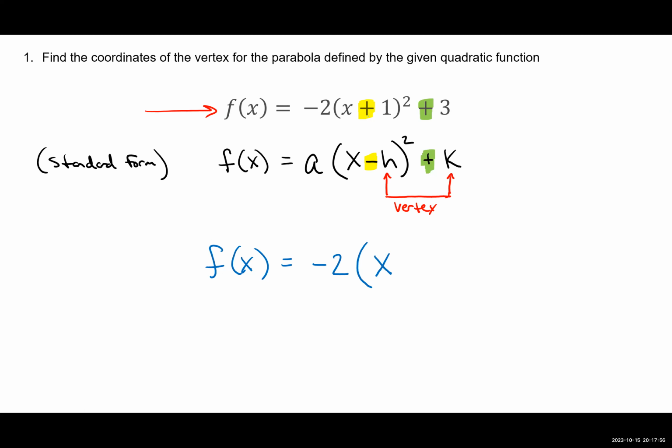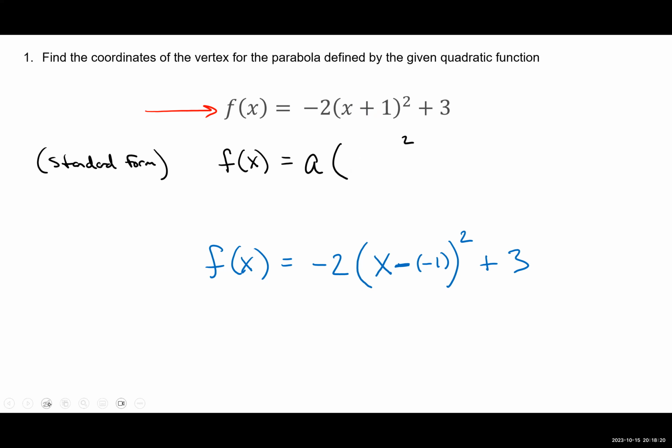Now, instead of x plus 1, we have to write x minus. You can't just change a plus to a minus and say minus 1. That's a different function altogether. But we could write x minus a minus 1, squared, plus 3. Okay, so let's see what I just did.